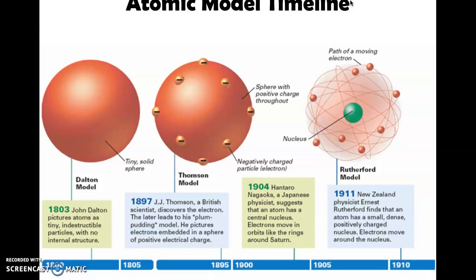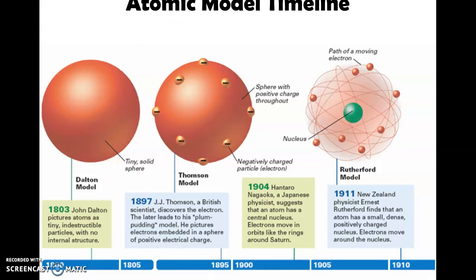So now with Rutherford's information coming forward, we do have a nucleus, and that nucleus we said was small and dense and positively charged. Therefore, all of the area surrounding the nucleus to the outside would be considered the electron area, right? So those electrons then, which we said were negatively charged, would move around the nucleus, which is positively charged.